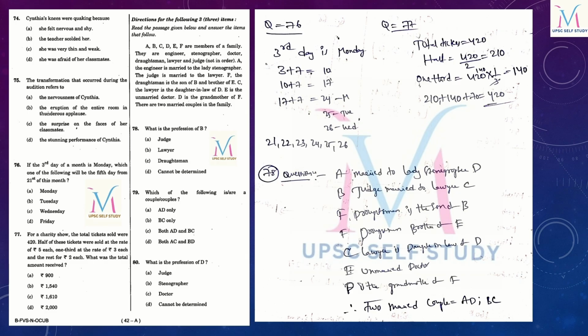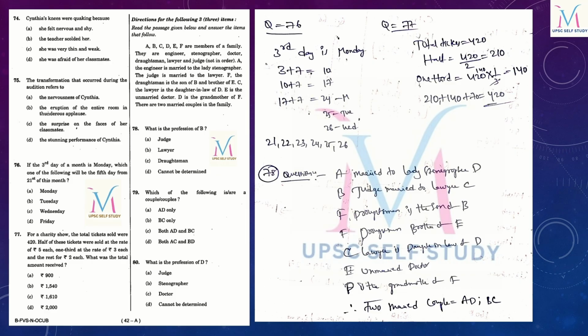So if you look into the solution box, question number 76, it is given that the third day is Monday, right? If we add 7 days to that third day, it comes to 10. So the 10th day will be a Monday. Again, if you add 7 days to 10, it is 17. So the 17th day will be a Monday.